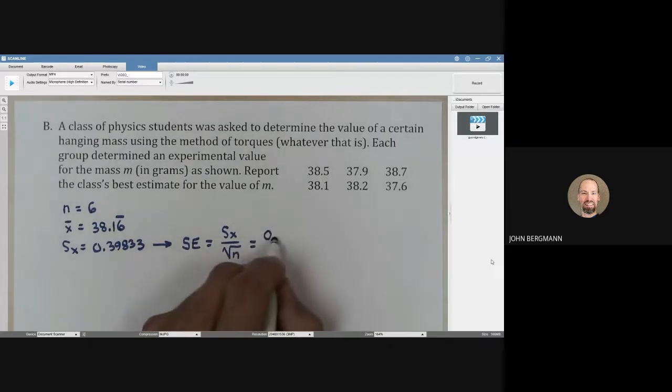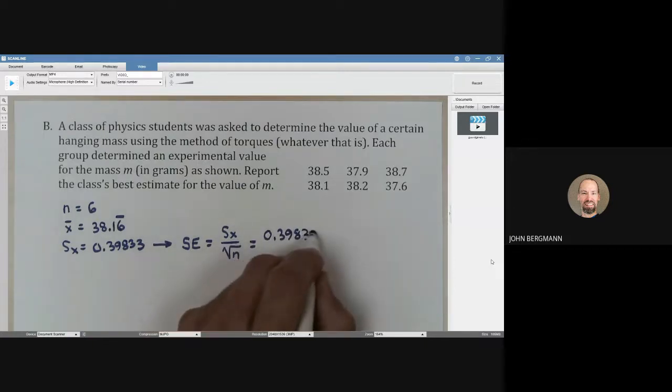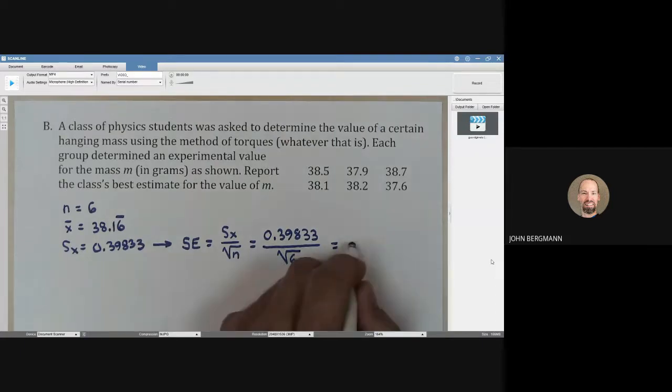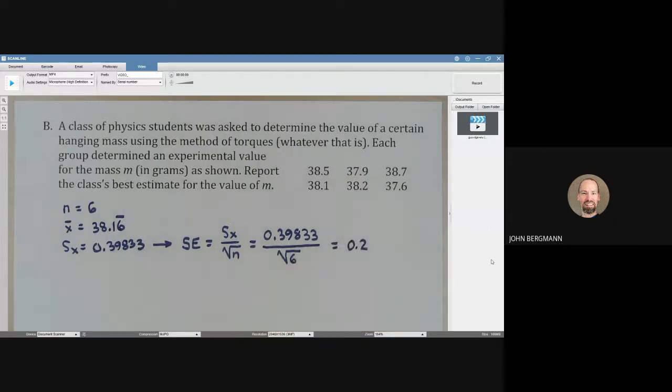We're going to go 0.39833 divided by the square root of 6. You can see why it's going to be nice to have a calculator handy here. And when you do that, you need to round that answer to one significant figure. No matter what it is, round it to one significant figure, which in this case is 0.2.